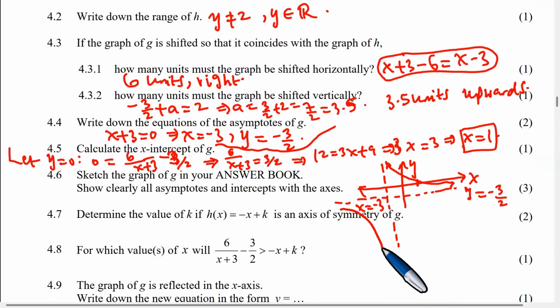So another part of the graph is going to do this. So this is sort of the graph you're going to have. So this is the answer.